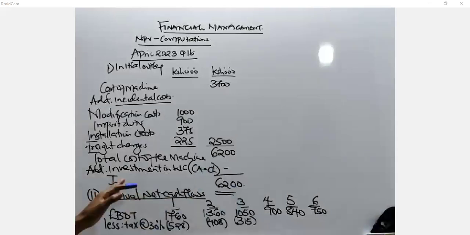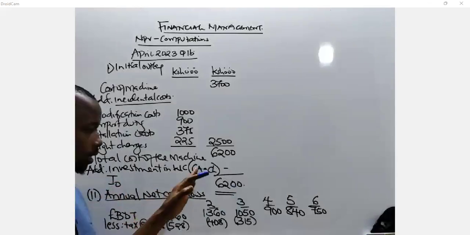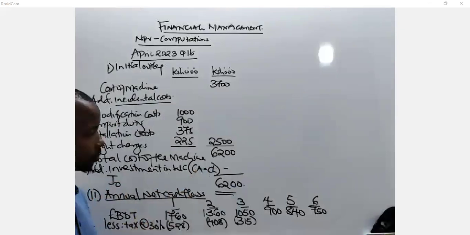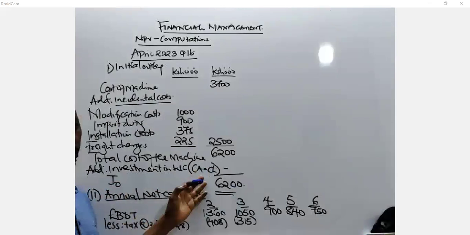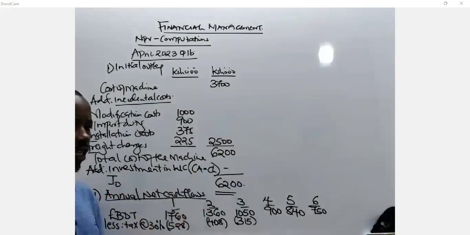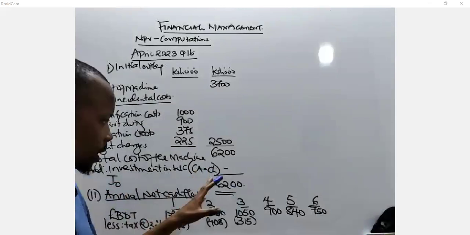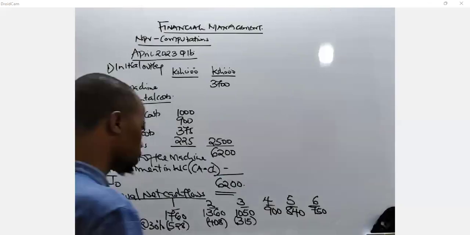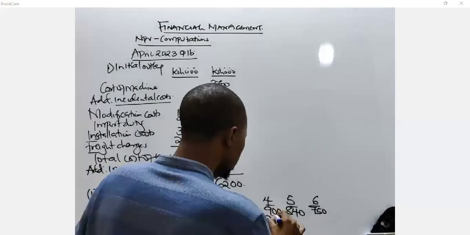We shall do questions with the investment in the working capital. I said, in most cases, you may find it is not provided. Then you can take the current assets minus the current liabilities. You can get the working capital. This is the formula for the working capital. But in this question, it is not provided. So 900 times 0.3, I hope I have answered your question, is 270.